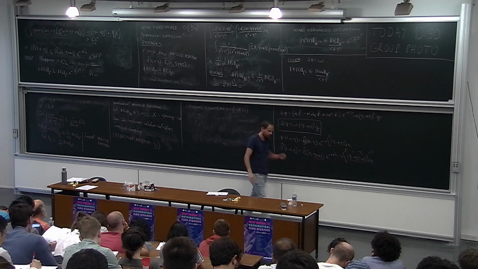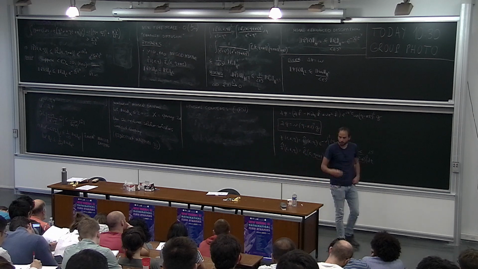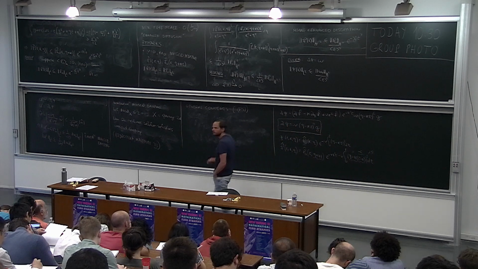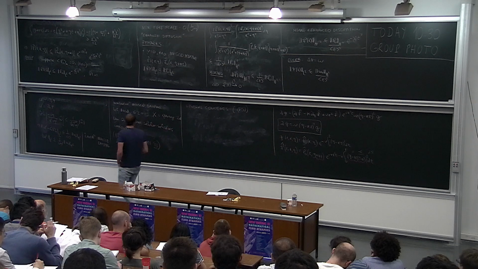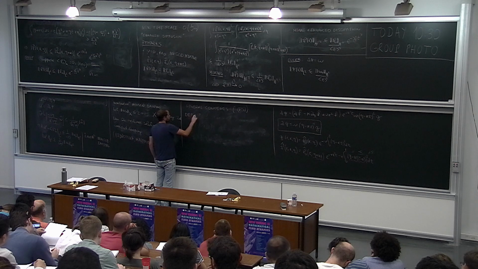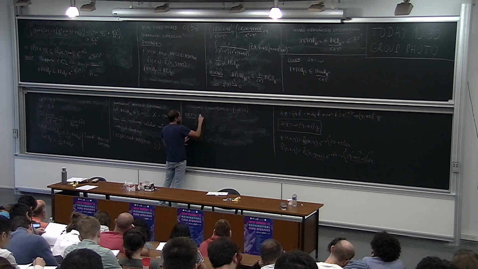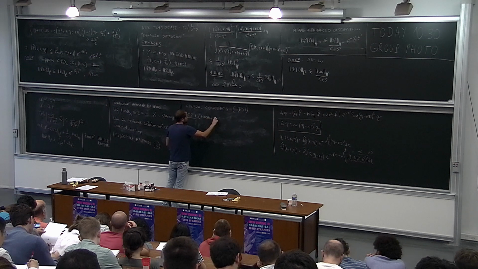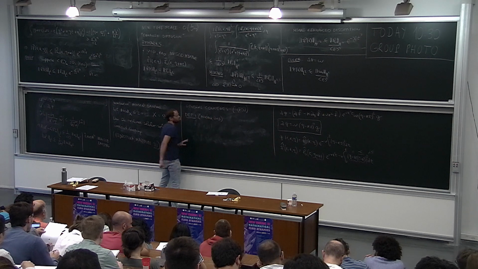Everything can be rephrased for Euler and Navier-Stokes as long as you think of a perturbation near a steady state. So let me give you two definitions. Definition one is about mixing. When I say mixing, I always mean implicit mixing.